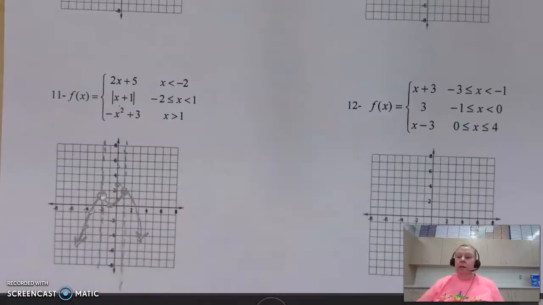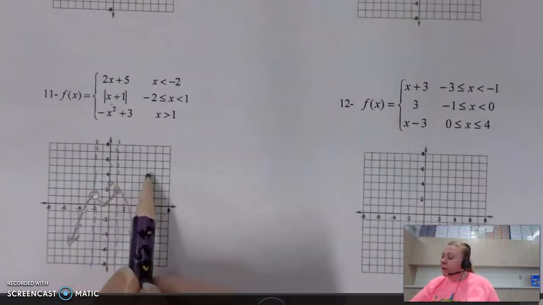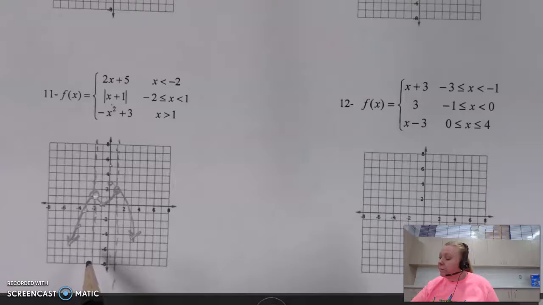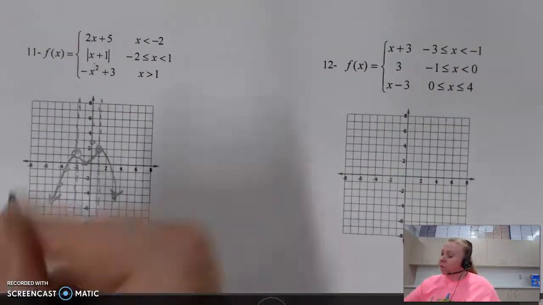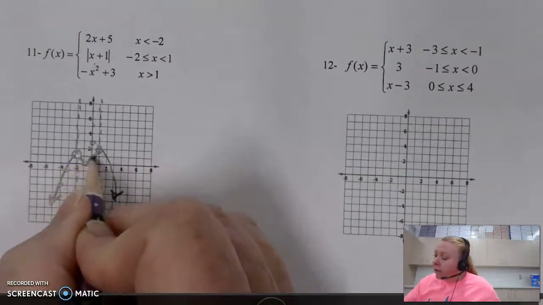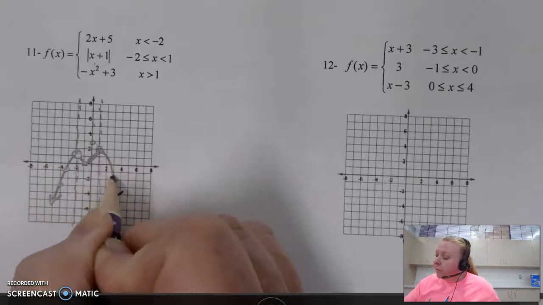And I'm only going to keep the part to the right of 1. Okay, now I want you to notice, this is supposed to be a V, and this should be a part of a U.